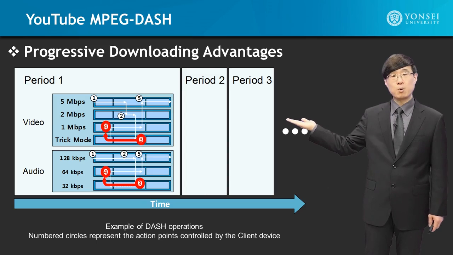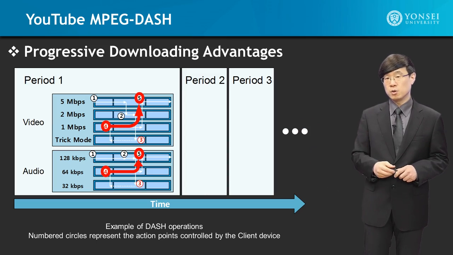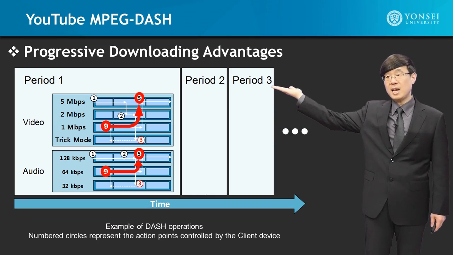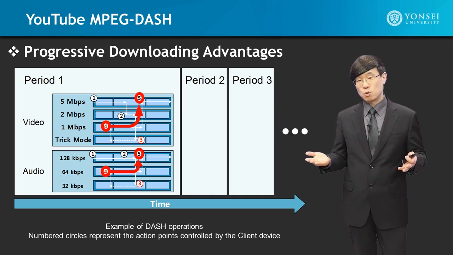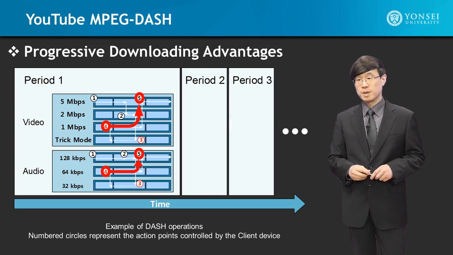Then, starting back at point 4, this is where we're going to start. And then, as the network condition improves, we go to a higher audio quality and a video quality together. And that is the way that YouTube MPEG-DASH is controlling it.